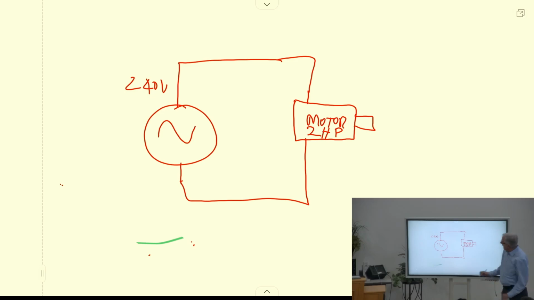Now, how big of a wire do we need to use? What gauge wire should we use on this? Let me give you a hint or two. Horsepower is another unit of energy. Wattage is a measurement of energy. Horsepower is a different kind of measurement of energy.